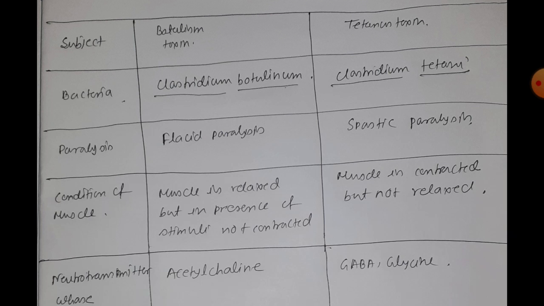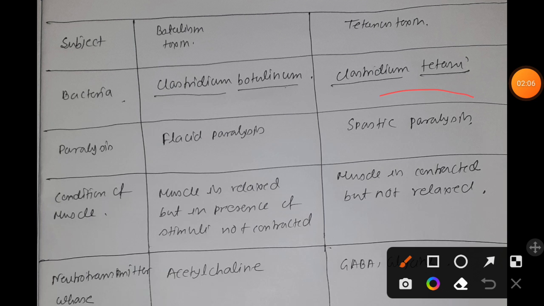On the other hand, tetanus toxin causes spastic paralysis. Spastic paralysis means that in the presence of a stimulus the muscle contracts, but it cannot relax. That means it remains contracted for a longer period of time, and that causes a dangerous consequence: overactivity of muscles for the smallest stimuli.